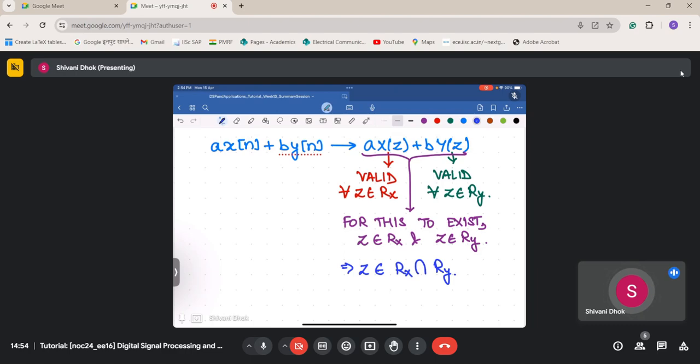But it is mentioned that it should belong to at least.